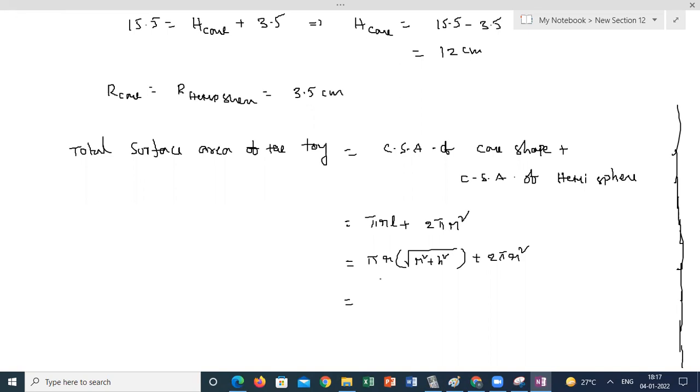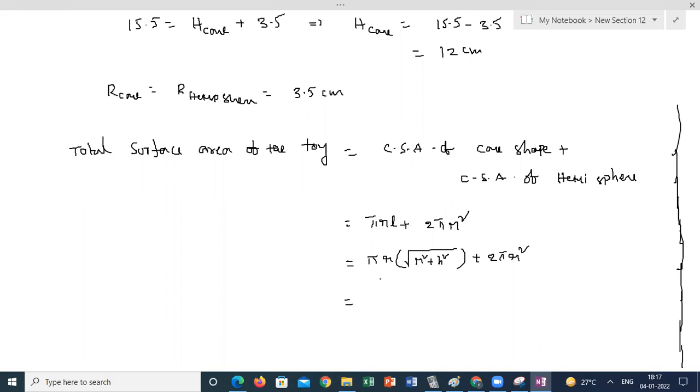Anyone got the answer? Please let me know. What is the slant height of the cone? Anyone got the slant height value?